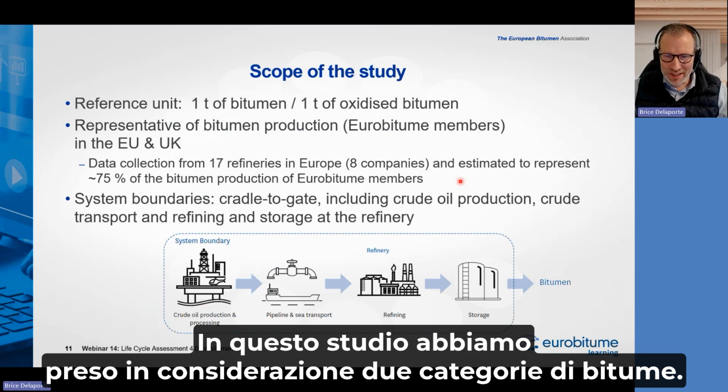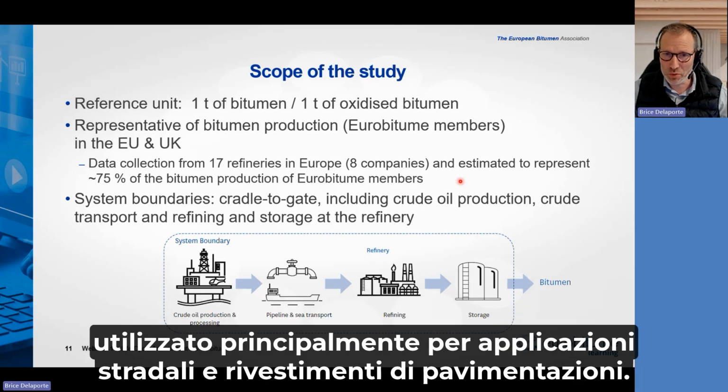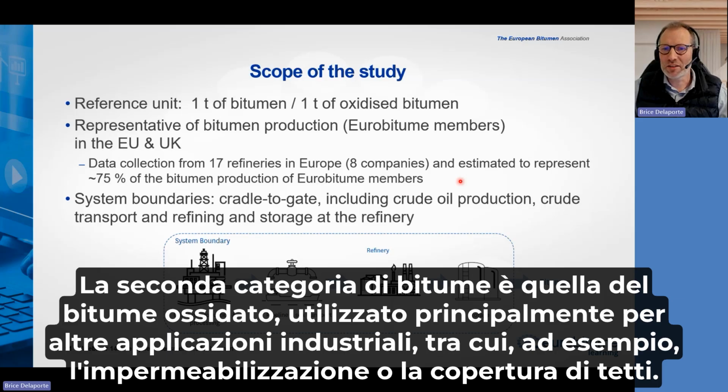We considered in the framework of this study 2 bitumen categories. First, an average bitumen, which is representative of straight run and air rectified bitumen, so covered by the European standard EN 12591, mainly for road and paving applications. And the second bitumen category is the oxidized bitumen, rather for other industrial applications, including, for example, waterproofing or roofing.